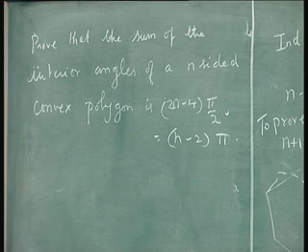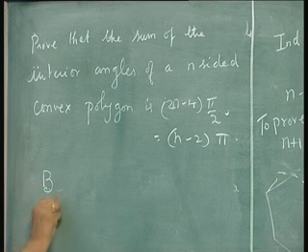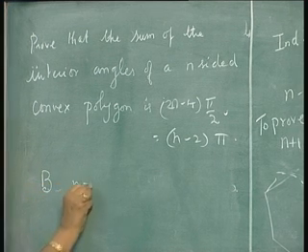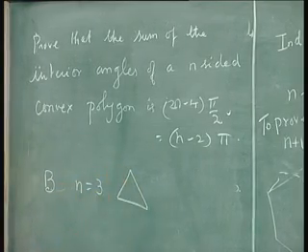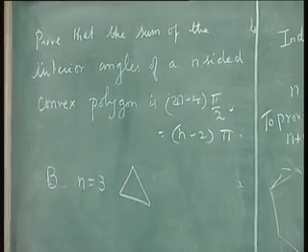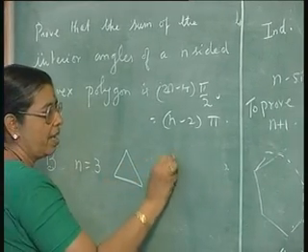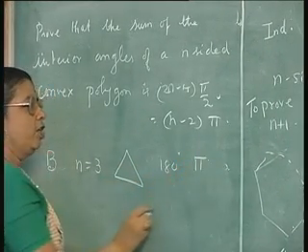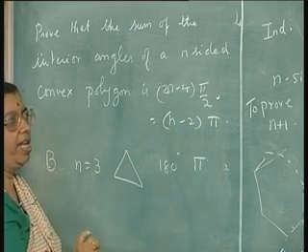Now, how do we prove that? Basis case: as I told you, you start with n equal to 3, you take a triangle. What is the sum of the interior angles of a triangle? It is pi, 180 degrees. So, in this expression you put n equal to 3, you get pi.